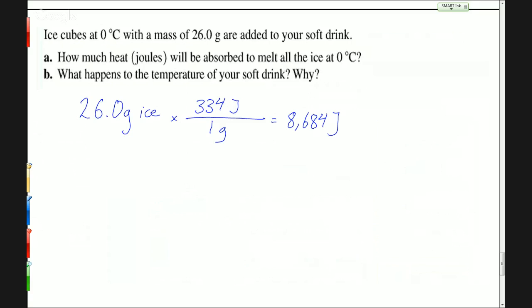So all that ice takes 8,684 joules to melt.